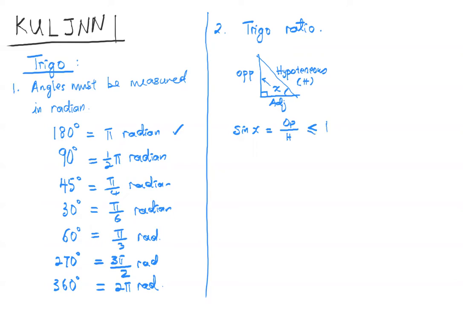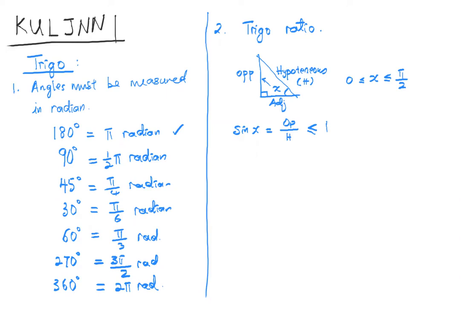For this case, your angle x, the highest is 90, pi by 2, the lowest is 0. Now I'm not going to use degree, all I'm going to use is radian, because we are going to work with radian.